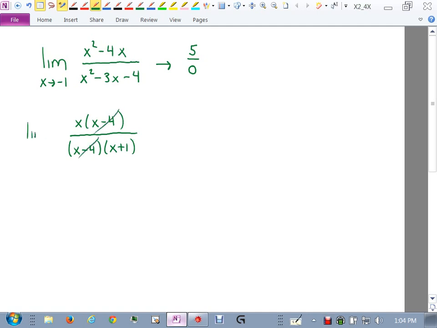These cancel, limit, x approaches -1. Oh, okay, I see it now. And so when you plug in -1, you still get -1/0. And there's nothing else you can cancel, right? So what the book says at this point in this section is whenever you get a fixed number on top and 0 on the bottom, we're just going to say does not exist.